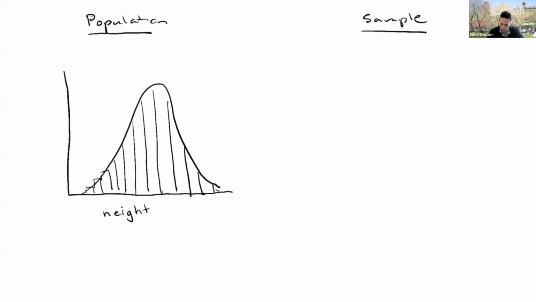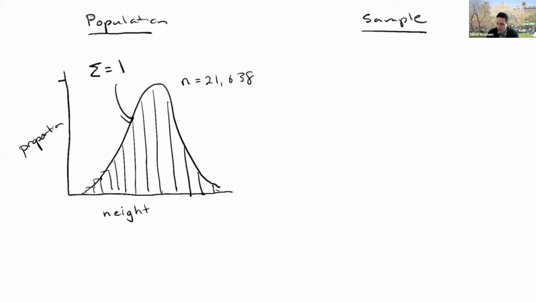But in this case, when we're talking about a population where we have n equals 21,638, we typically like to talk about not the frequency, the absolute count of each individual, but the proportion of individuals. And so we can put the proportion on the y-axis here. And when we do this, this proportion sums up to 1.